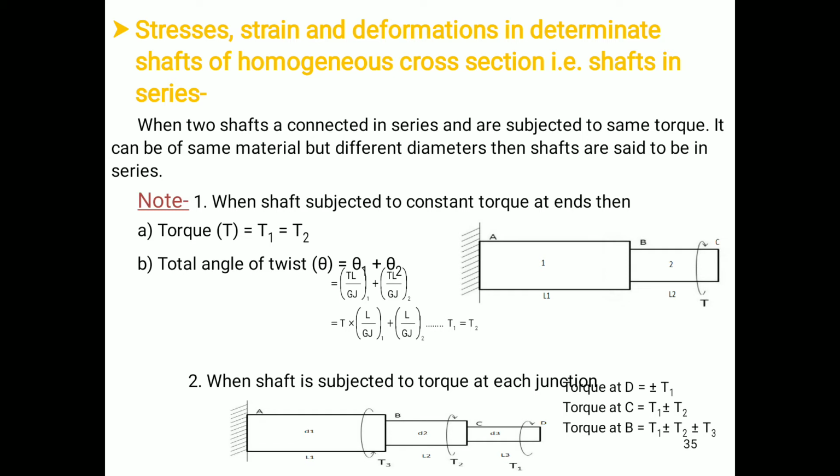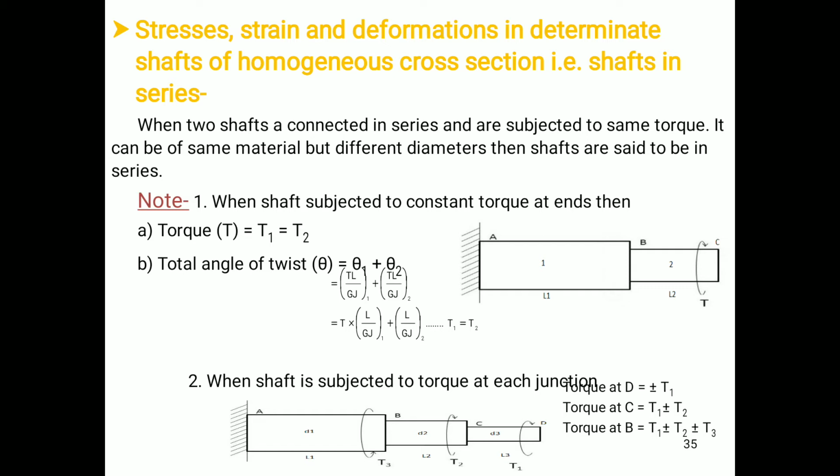So for such a system, we will have the first shaft, second shaft and third shaft, that is AB, BC and CD. It is fixed at A whereas free at D. B and C are known as the junctions where two shafts of different diameter are meeting each other. So B and C are the junctions.